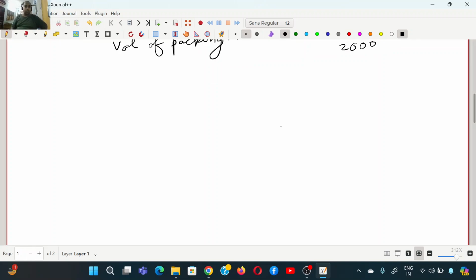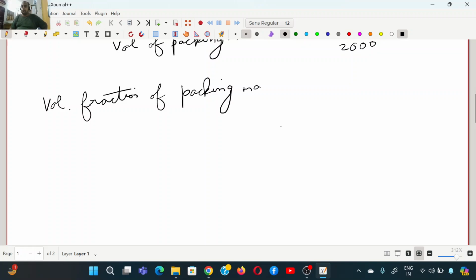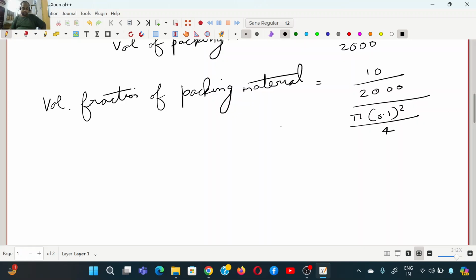Therefore, if I'm asking you what is the volume fraction of the packing material, it is the volume of the packing material divided by the total volume.